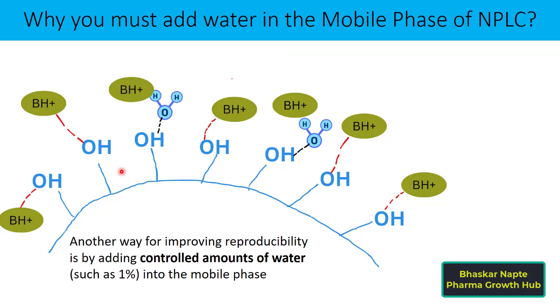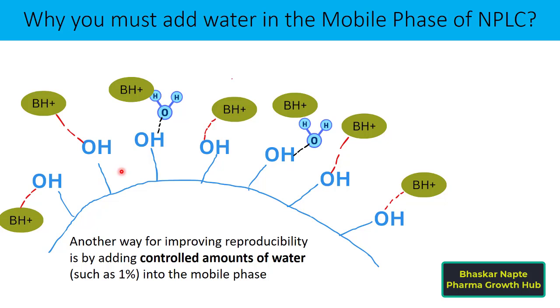Now, what is another way to improve the reproducibility? By deliberately adding a small amount of water in the mobile phase, such as 1%, provided your mobile phase component is miscible with water. Mostly alcoholic mobile phases will not have any issues with water miscibility.